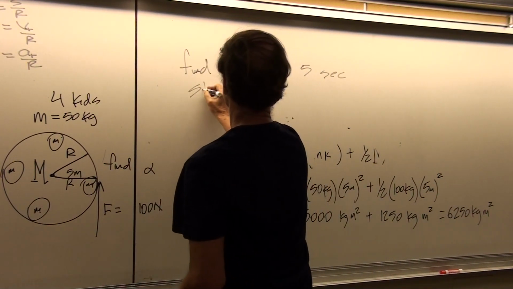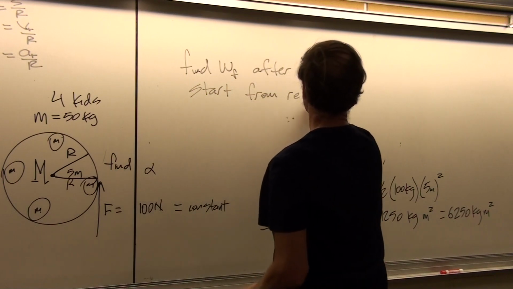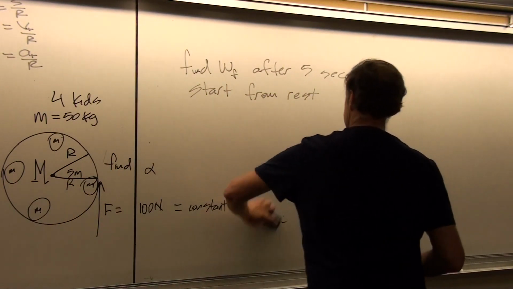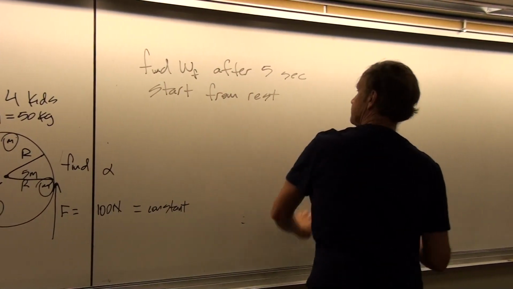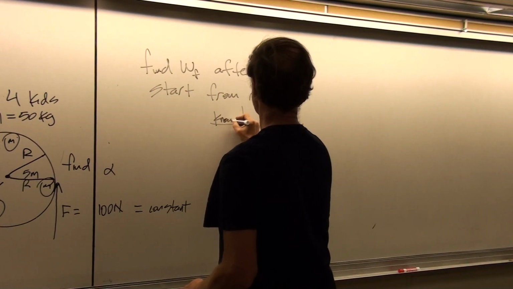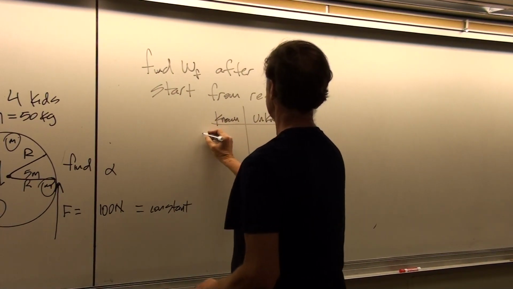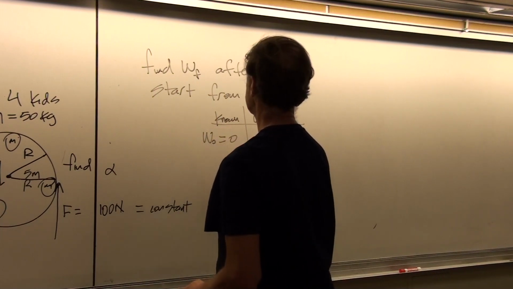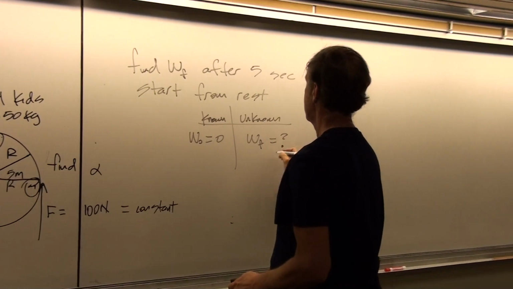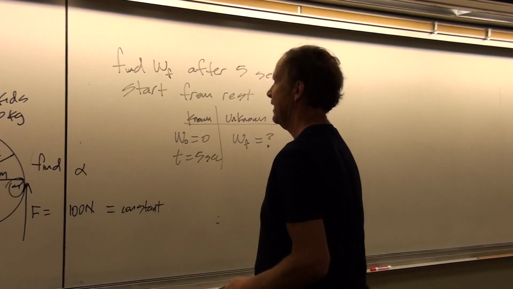Let's assume that we start from rest. So we'll make a table now of knowns and unknowns. Starts from rest, so the initial velocity is 0. Unknown would be omega final. The time is 5 seconds.